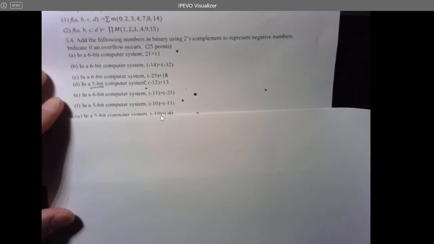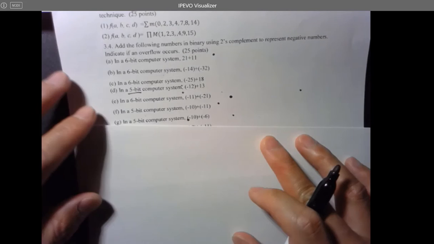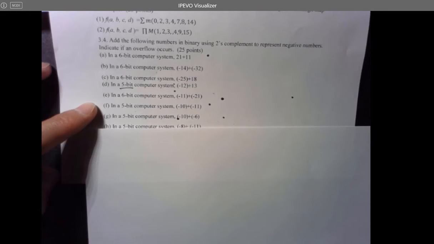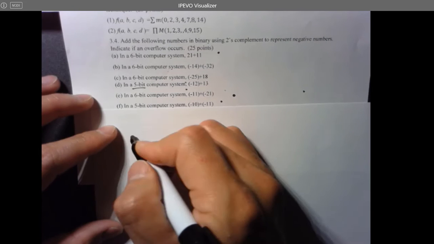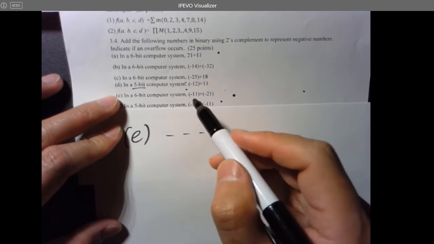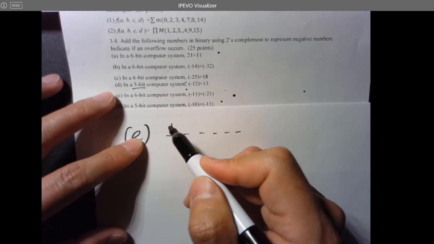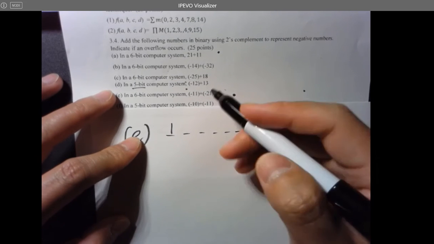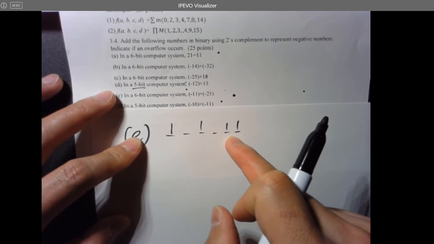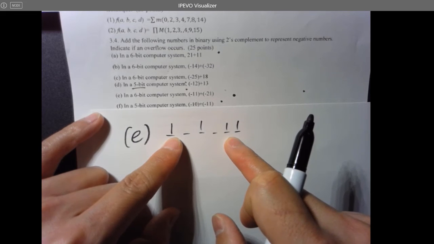Now E. It's pretty interesting. I don't know why so many people have problems with E. Let's take a look. 6-bit computer system, and minus 21. You need minus 32 plus 11, right? 11 will be this, 8 plus 3. 11 plus minus 32 will be minus 21.